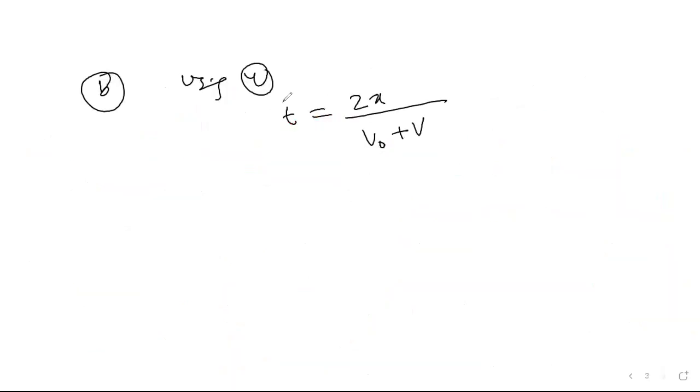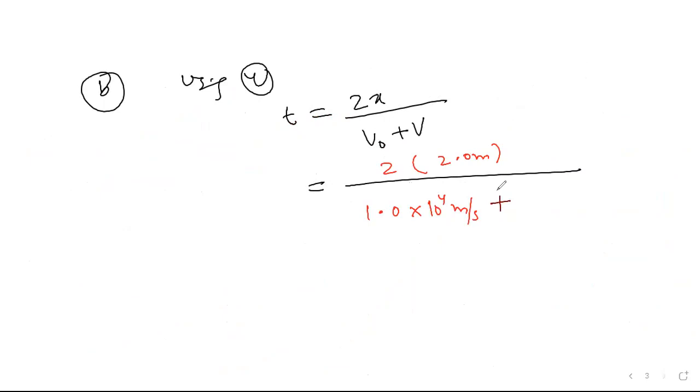So let us put the numbers. X naught is 0. I will change the color of my pen. 2 times 2.0 meter over V naught, which is 1 into 10 raised to power 4 meter per second, then plus V, which is 5 into 10 raised to power 6 meter per second.